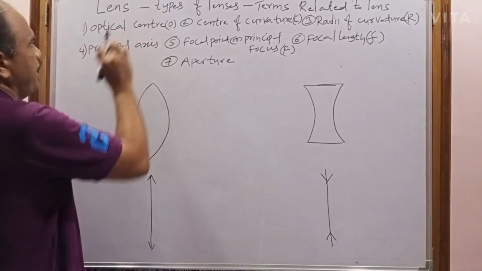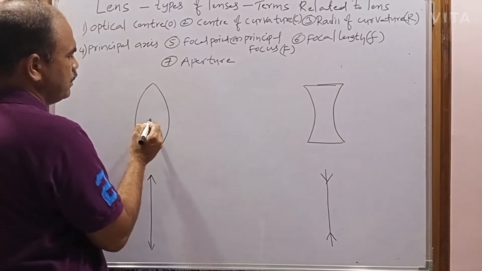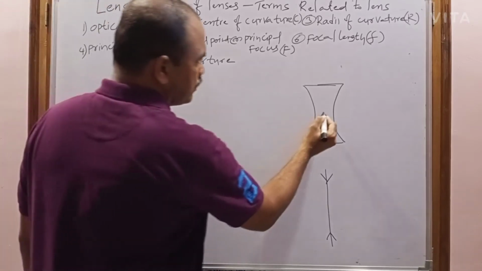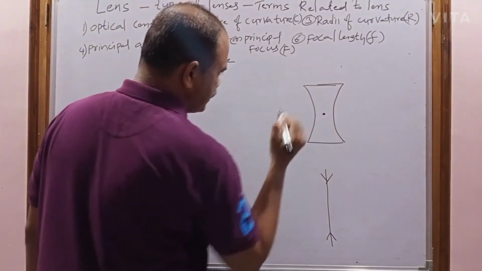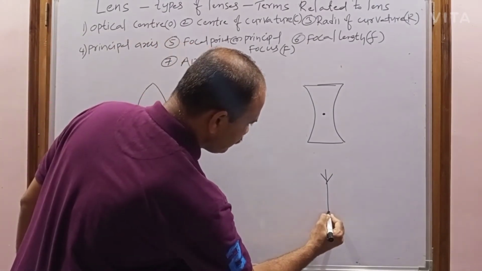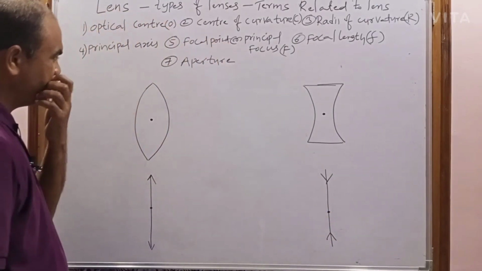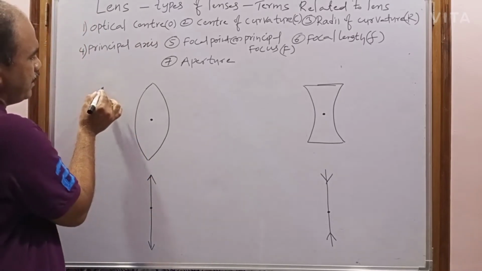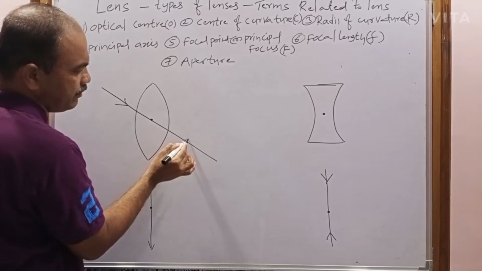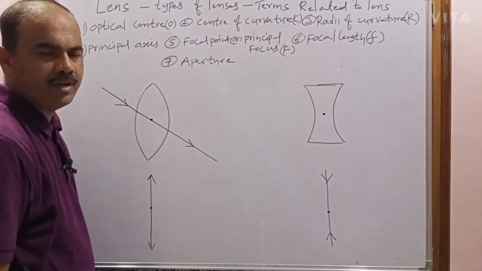Optical center means the midpoint of the lens. This point is the midpoint of the lens. When a light ray passes through this optic center, it is refracted without deviation.